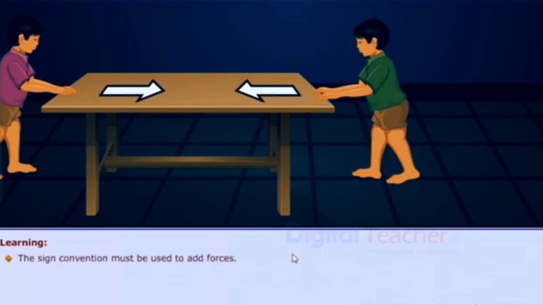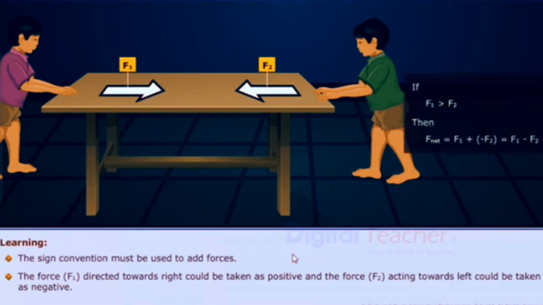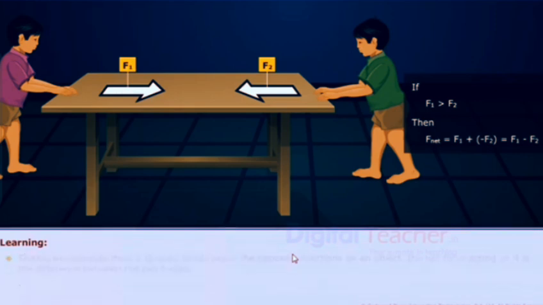The sign convention must be used to add forces. The force F1 directed towards right could be taken as positive and the force F2 acting towards left could be taken as negative. If F1 is greater than F2, then net force Fnet is equal to F1 plus minus F2, which is equal to F1 minus F2.